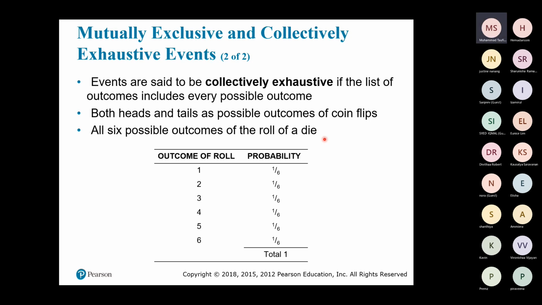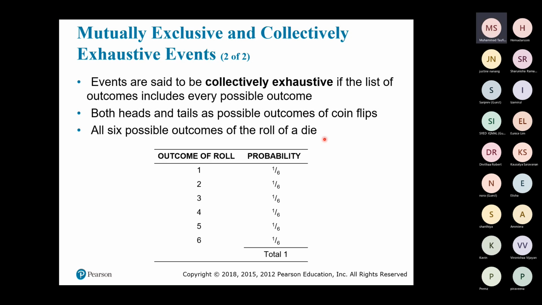But if you total up all the outcomes you can get from the event, for example, the possible outcomes to get head or tail in the toss of a coin, that is what we call collectively exhaustive. Or the possible outcomes to get any number on a die. So that is what we call a collectively exhaustive event.